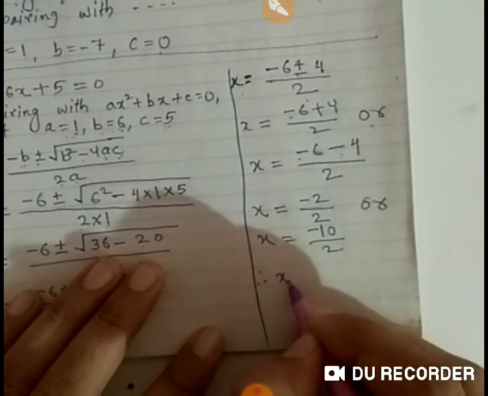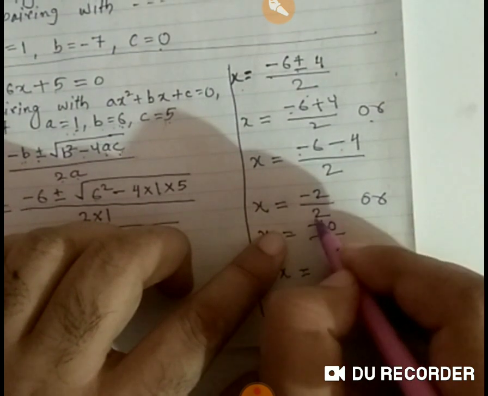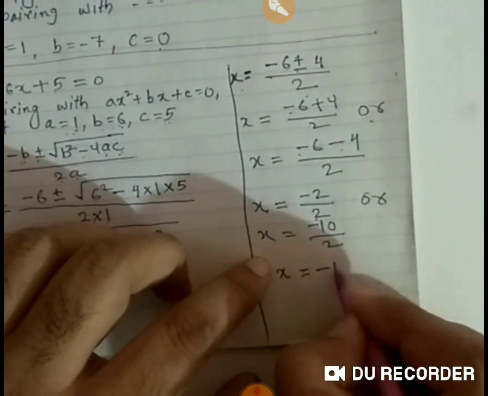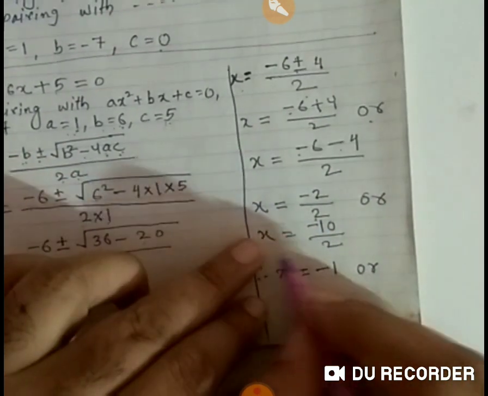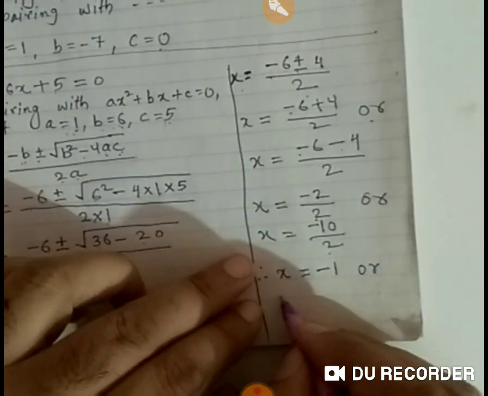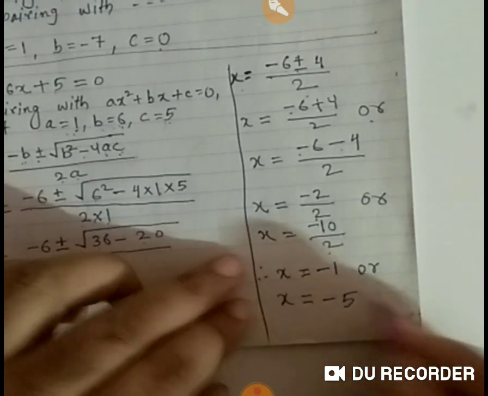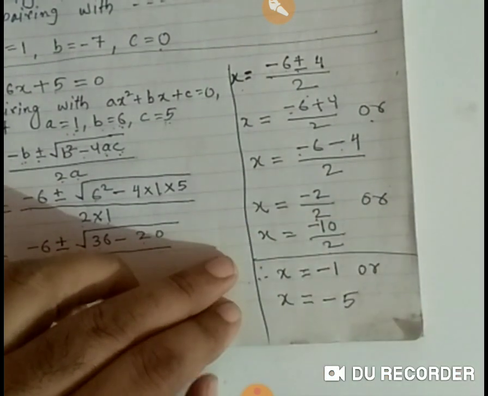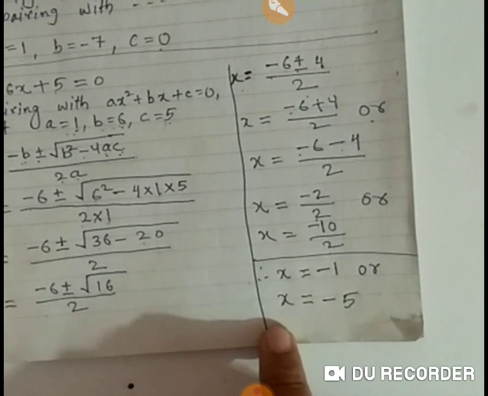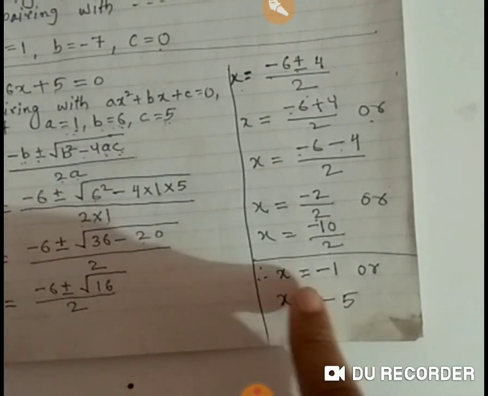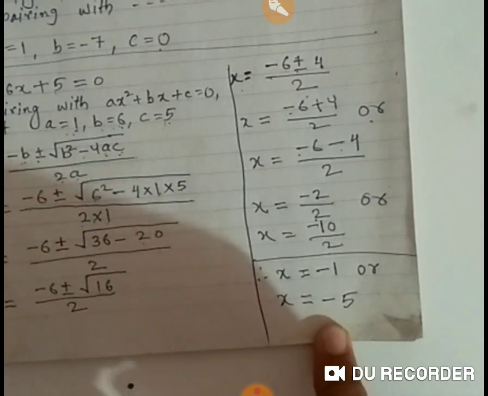So x equals to minus 2 upon 2, that is minus 1, or minus 10 upon 2, that is minus 5. So this is your final answer: x is minus 1, x is minus 5. So minus 1 and minus 5 are the roots of the given quadratic equation.